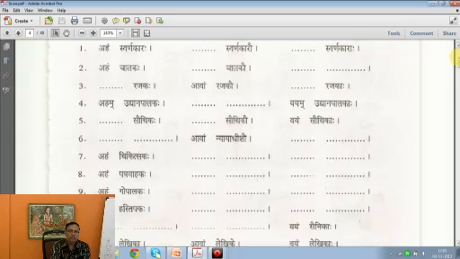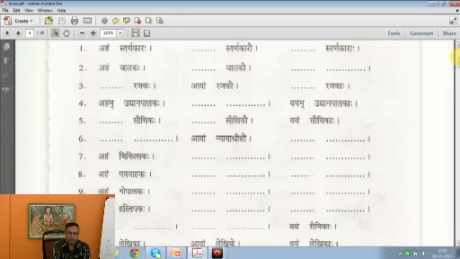Aham patravahakaha. I am a postman. Avam patravahakau. Vayam patravahakaha. Aham gopalaha. I am a cowherd, a cow shepherd. Avam gopalakau.